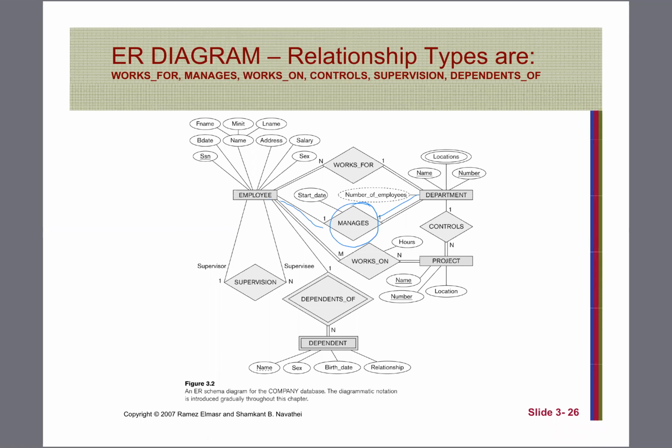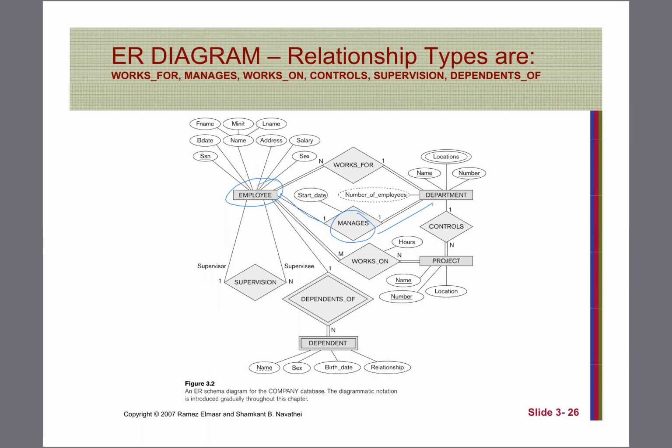A few employees are going to be managers, not all. So it is not complete participation for that. That is why you can see there is only one single line between the employee and the manages relationship. So every employee is not a manager for any department; it is only a few employees. So it is not complete. Not all the employees are participating in that relationship.